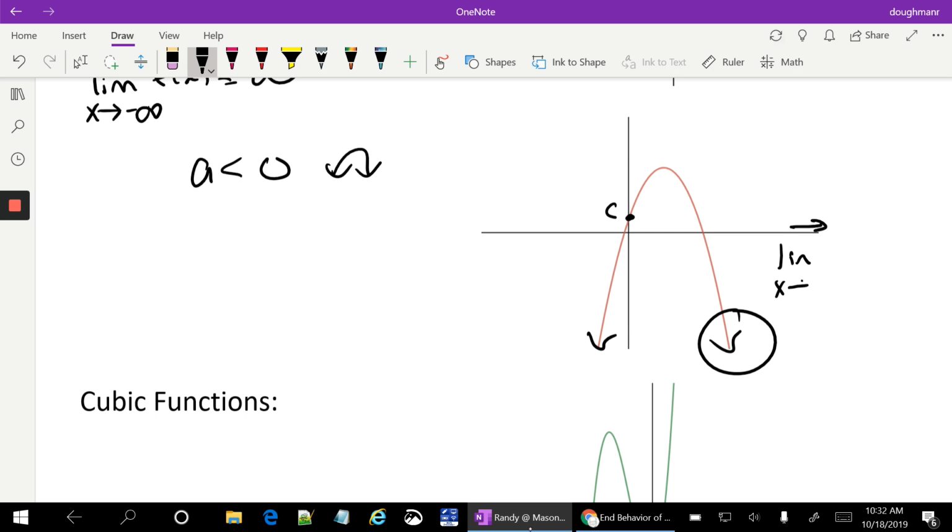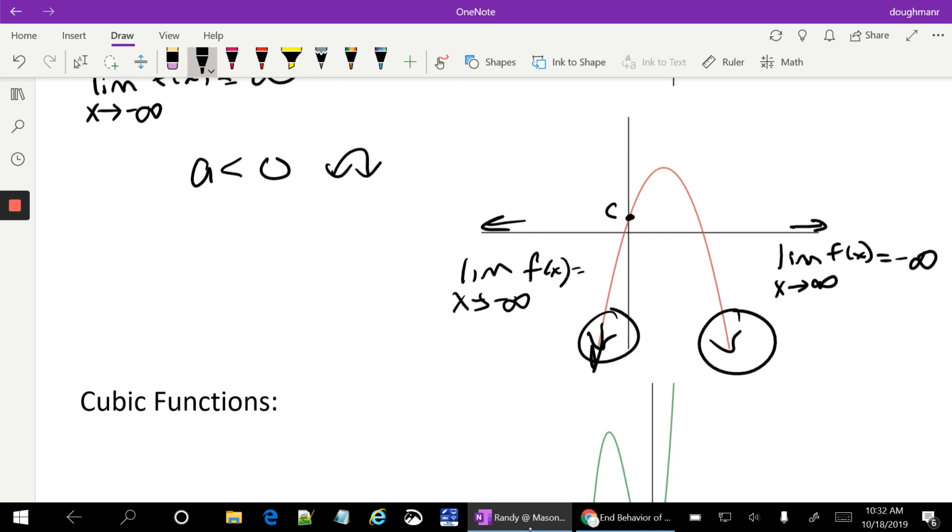So the limit as x goes to positive infinity of f of x equals, in this case, negative infinity. And over here, we're looking that way now, the limit as x goes to negative infinity of f of x. Once again, we're going down, so that's negative infinity.